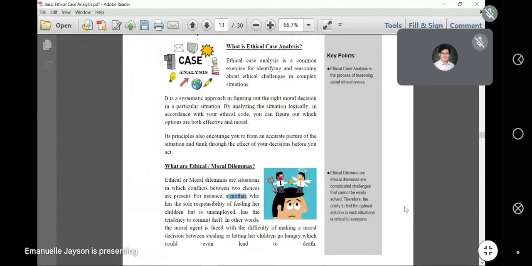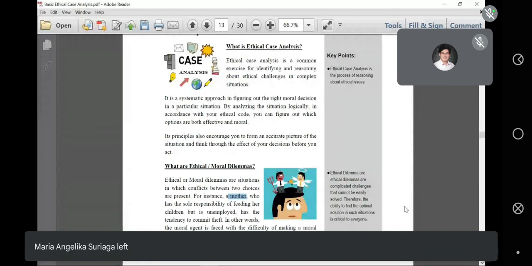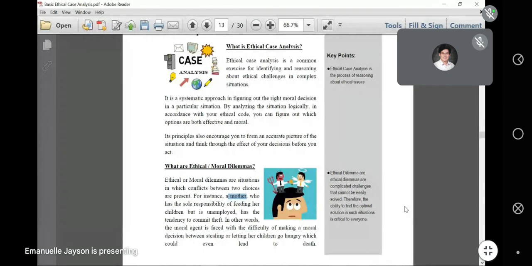Kumbaga pagdating sa panahon na yon, sino ba dito yung may-ari ng, meron ba ditong yung parents nila may-ari ng isang store, or at least kayo siguro merong investment na, meron ba dito? You may open your mic. Wala naman. So, ganun yung mga ethical dilemmas, no?